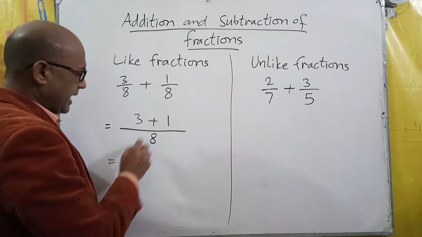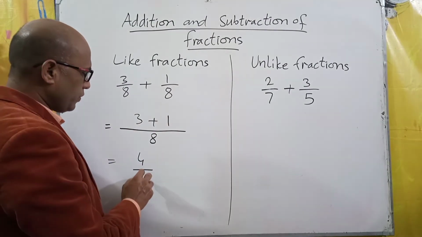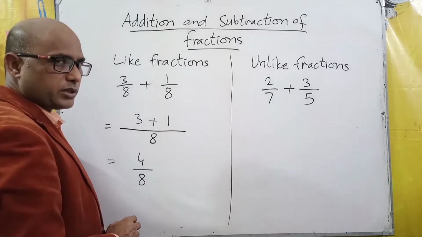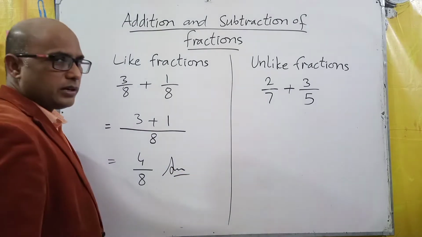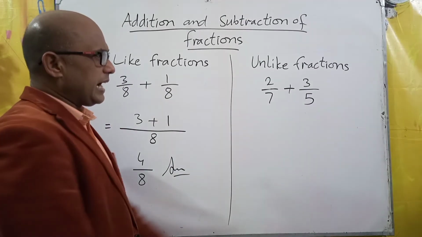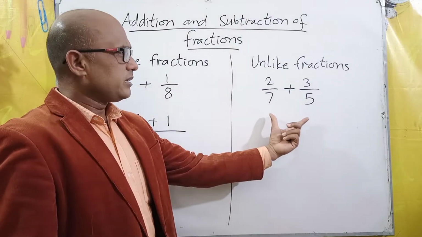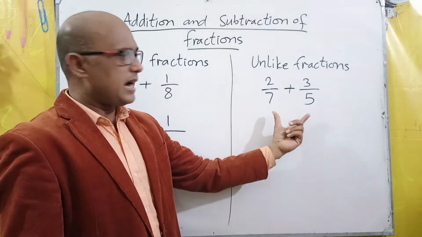So by adding these two numbers, we'll get 4 over 8. So this is how to add like fractions.